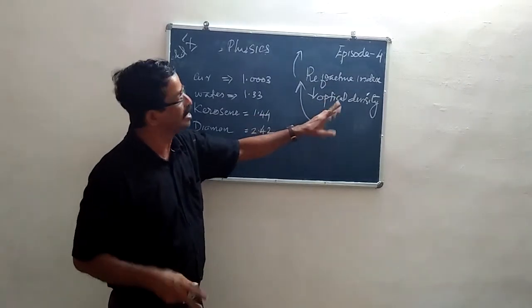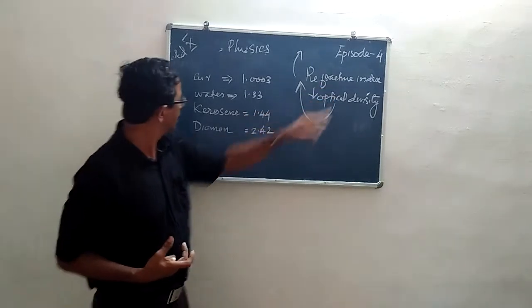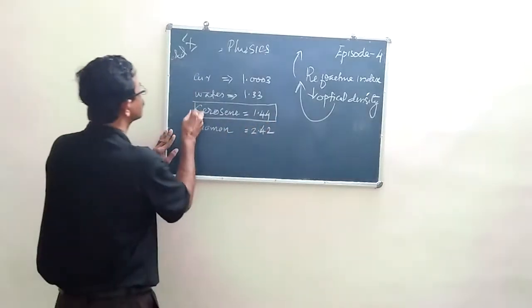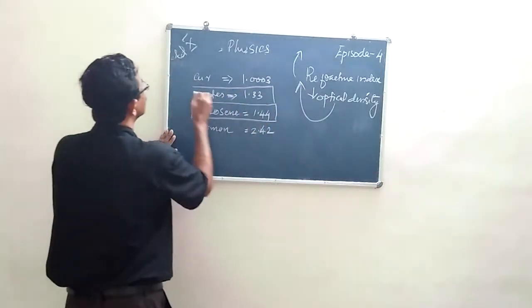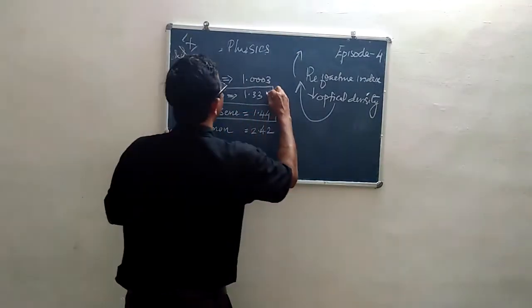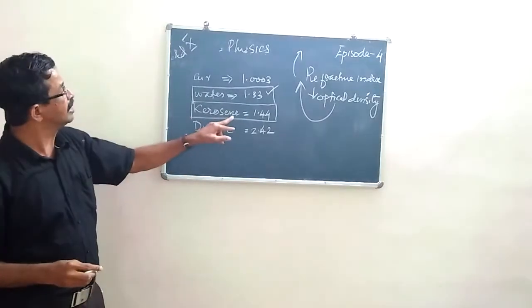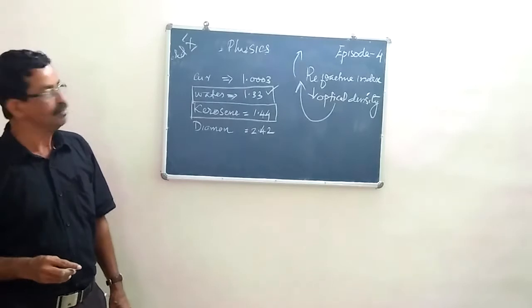As the optical density increases, refractive index also increases. Here you see examples, kerosene and also water. Refractive index of water is 1.33 and refractive index of kerosene is 1.44.